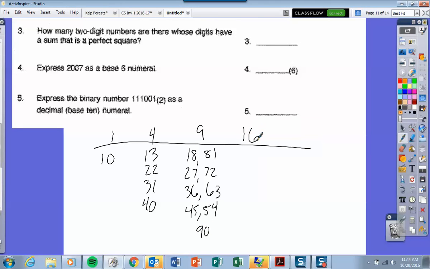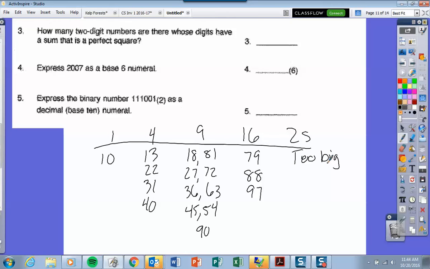Sum of 16, I get 79, 88, and 97. And let's just try 25 for good measure. Well, the highest two-digit number I have is 99. 9 plus 9 is 18.